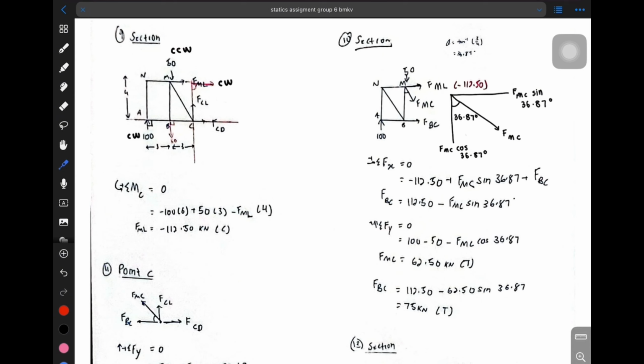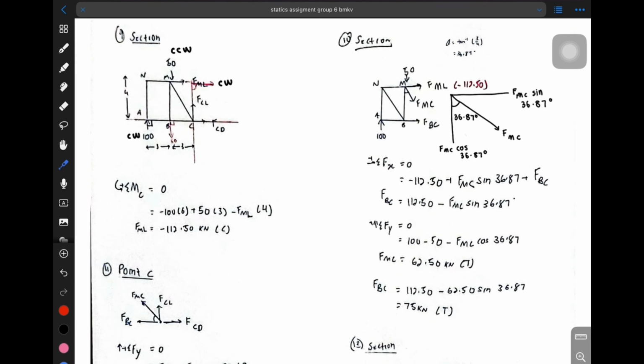So we assume that up is positive. We can see that 100 is up, so it is positive. 50 is downward, so it is negative, and FMC cos 36.87 is downward, so it is negative. So we can find the FMC is 62.50 kilonewton and it is tension.